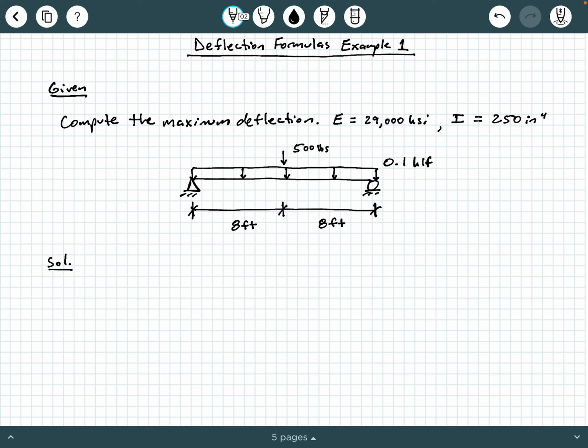The first thing we want to note is that by superposition, this can be rewritten as the following situation. We can rewrite this figure as a simple beam that's 16 feet long with a uniform load of 0.1 KLF. Let me move that 16 feet down a little bit.